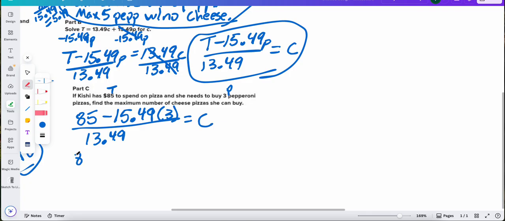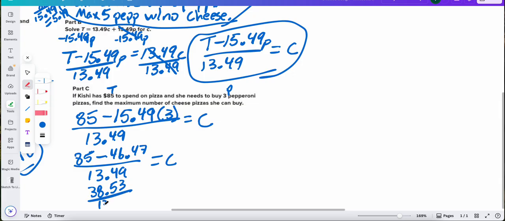So if we multiply those two numbers, the 15.49 and 3, we're going to get $46.47 divided by 13.49 would equal our C. If we subtract those, we get $38.53, and we're dividing that by 13.49 to get our amount of cheese pizzas.